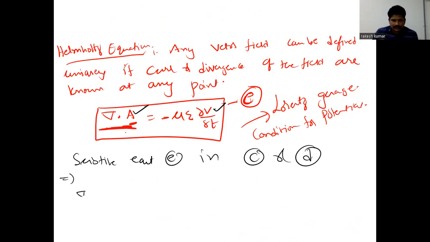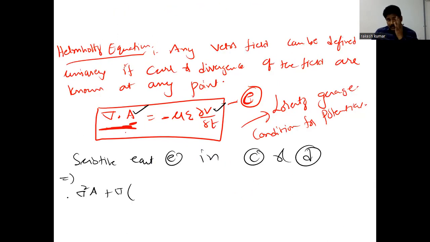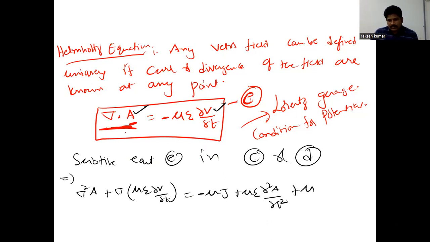So here it is del square A plus del of, minus of minus, already minus is there, minus of minus will become plus, mu epsilon into del V by del t is equal to minus mu J plus mu epsilon into del square A by del t square plus mu epsilon into del by del t of V. So this one and this one will get cancelled.